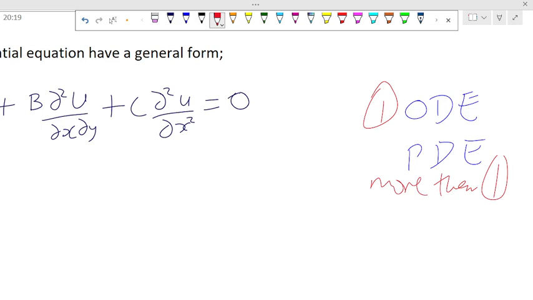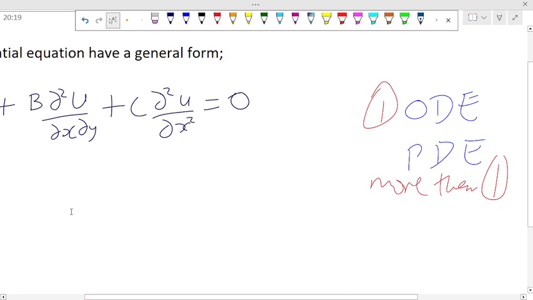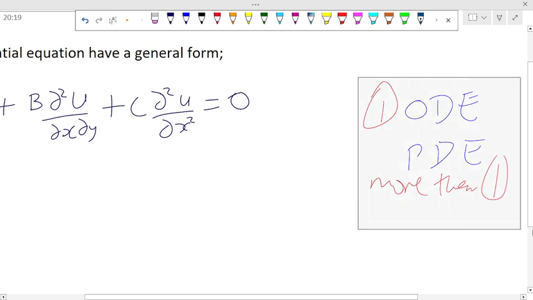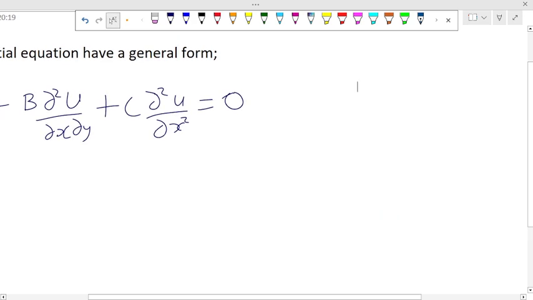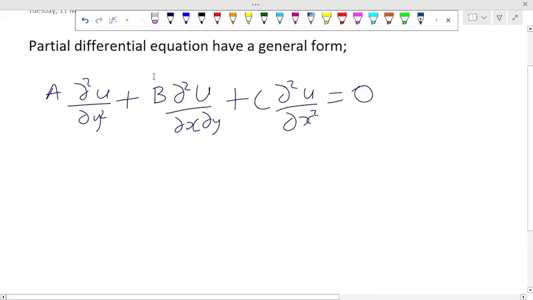So the change occurs with respect to two or more independent variables, not just one. This right here is the general form. Now if you look at this, it looks familiar to a major thing, and I will share it quickly. Just look at the denominator first.